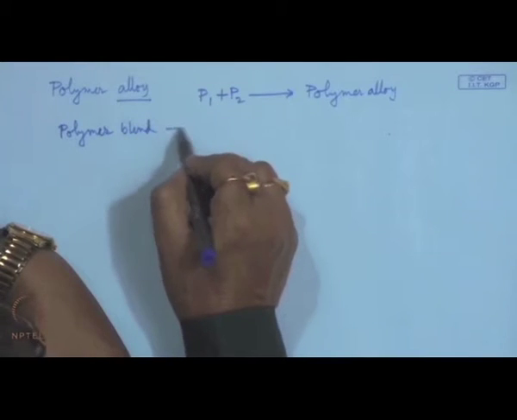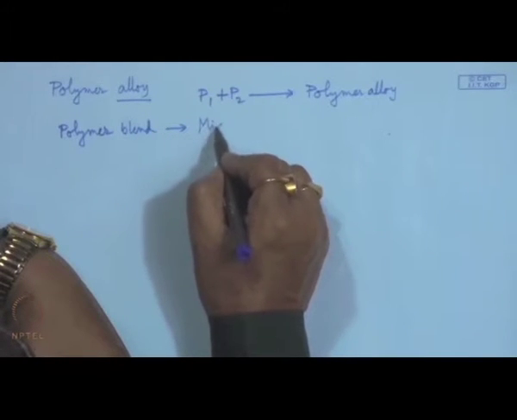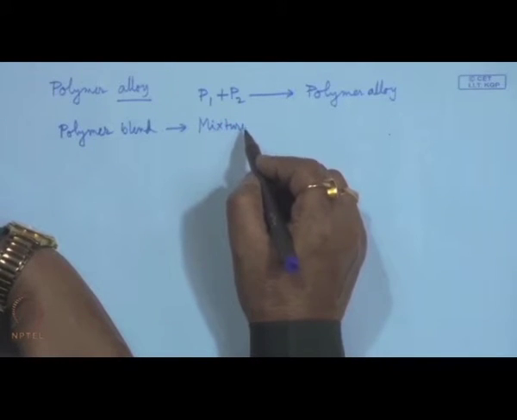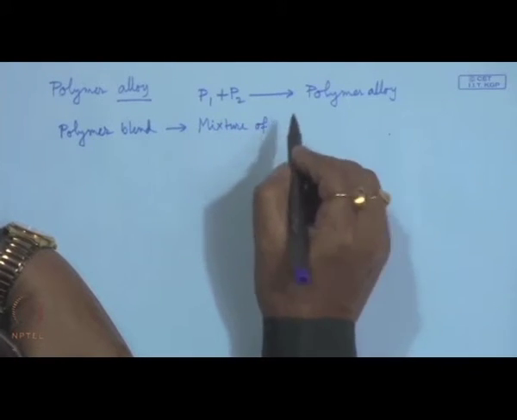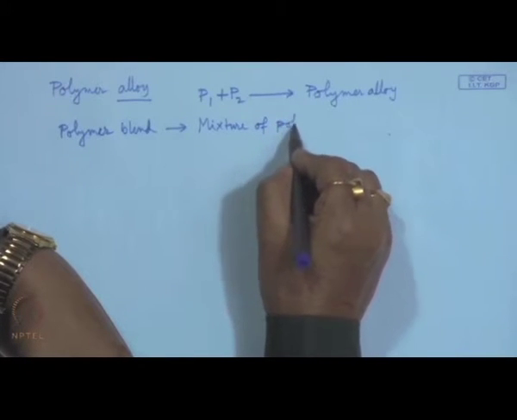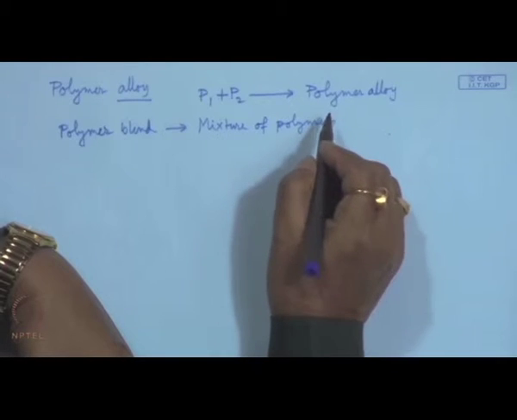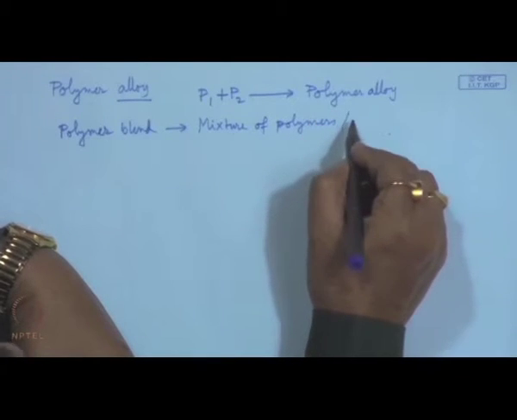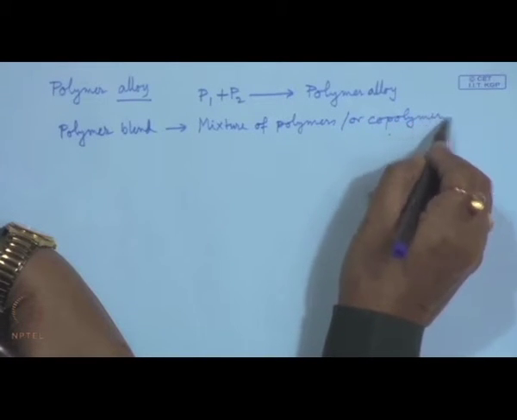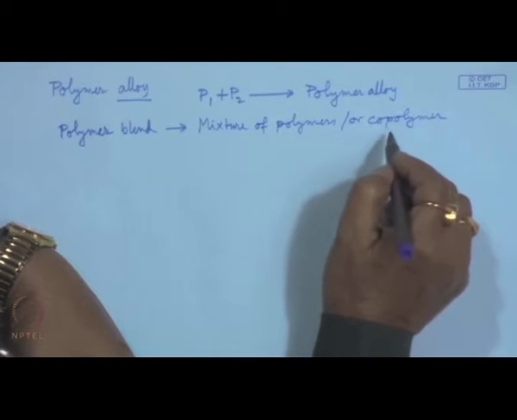Now, this polymer blend is a mixture of more than one polymer with another polymer, or a mixture of a polymer and a copolymer, or a mixture of two copolymers.